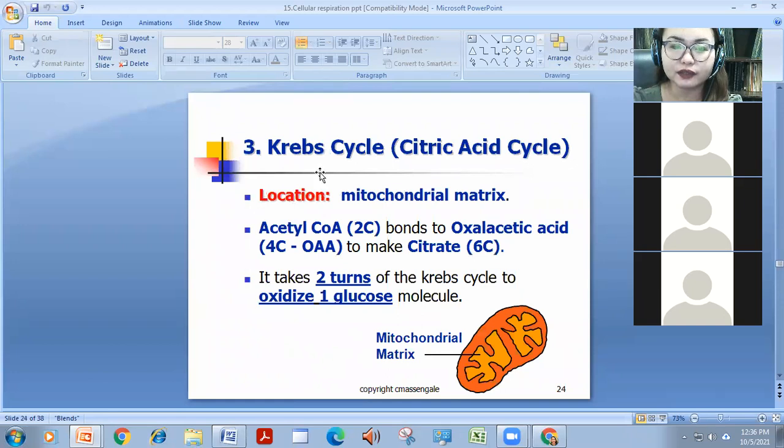In the third phase, the Krebs cycle, also known as the citric acid cycle, it is again done in the mitochondrial matrix, wherein the acetyl coenzyme A bonds to oxaloacetic acid, the 4 carbon, to make citrate. It takes 2 turns of the Krebs cycle to oxidize one glucose inside the mitochondrial matrix.